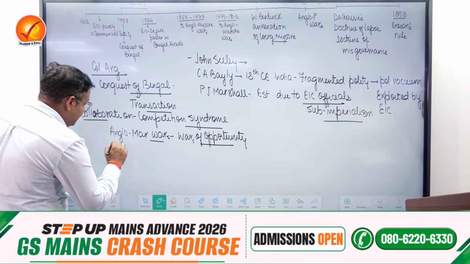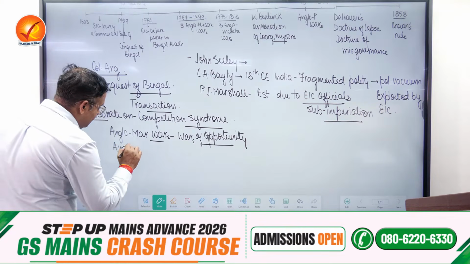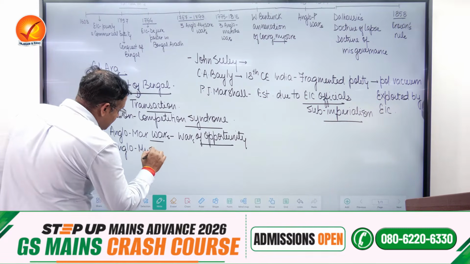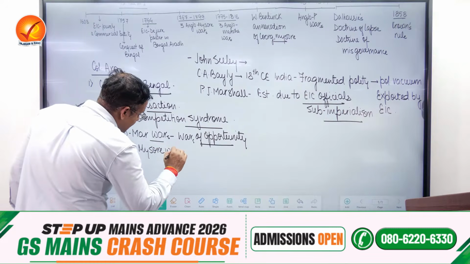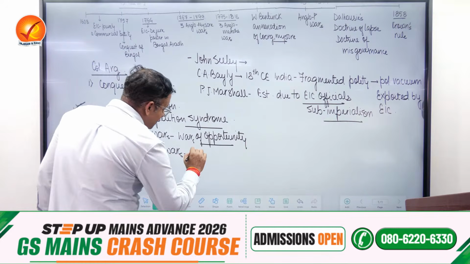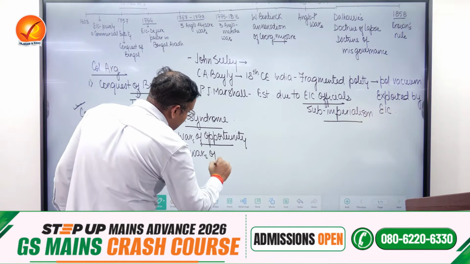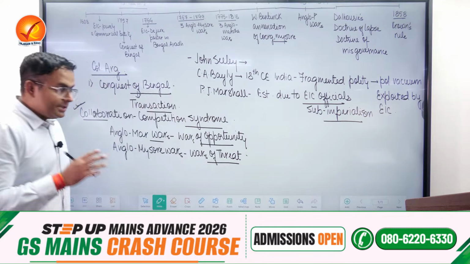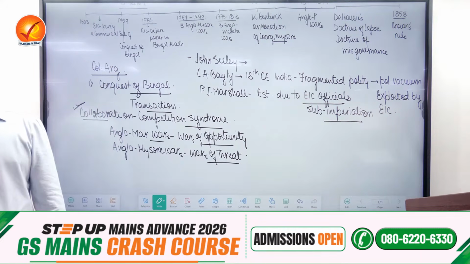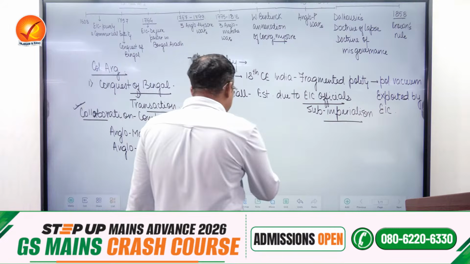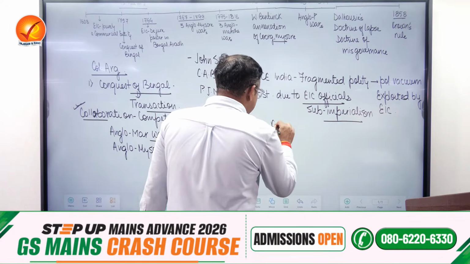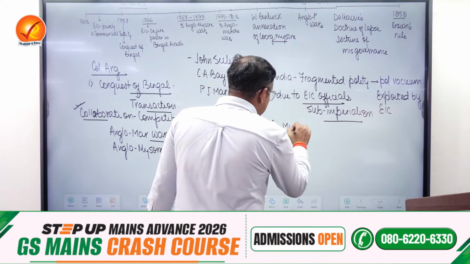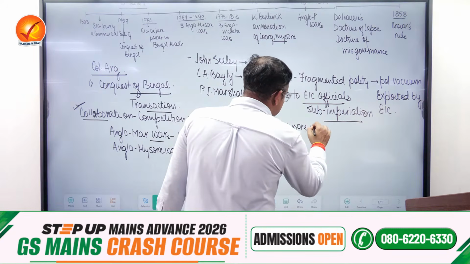Second, they write that the Anglo-Mysore wars were wars of threat. They say, why did we conquer Mysore? Because there was a threat. And what is the threat? The threat was that there was a French-Mysore nexus that was developing.